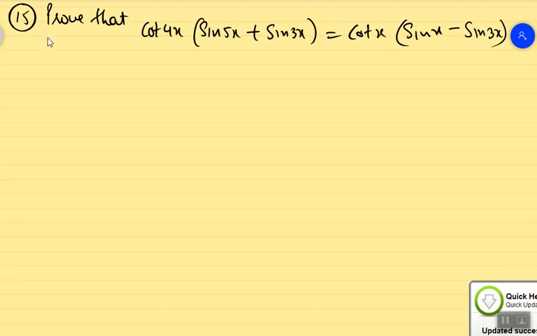Now, question number 15: prove that cot 4x (sin 5x + sin 3x) is equal to cot x (sin 5x - sin 3x). So let me take the left hand side.